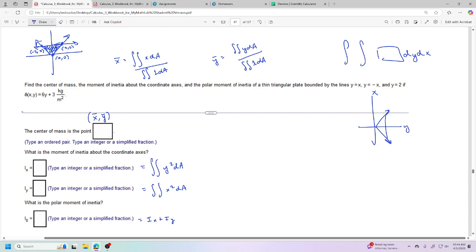So I would recommend doing this guy. Therefore, I probably am going to end up doing a dx dy. So we got top, we got bottom. So I'm going to do not y equals x, but x equals y and negative y. And then again, y should go from 0 all the way to 2.